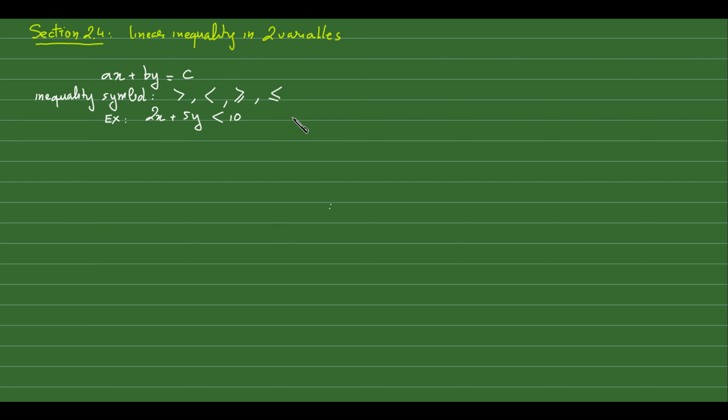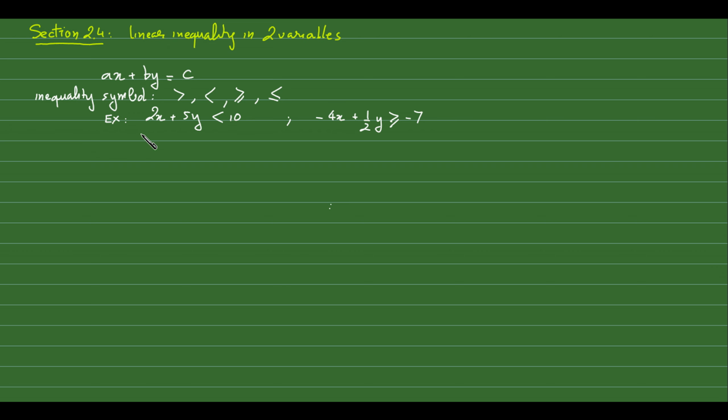Or I can have something like negative 4x plus 1 over 2y greater than or equal to negative 7, for example. So I just use one of the inequality symbols, then it becomes a linear inequality in two variables. Very simple that way.